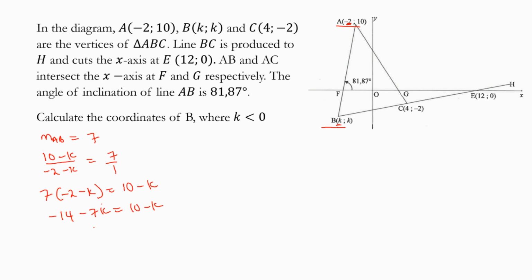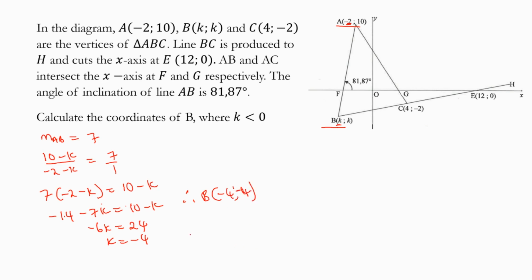Negative k becomes negative 6k is equal to, bring negative 14 to the right, sorry, becomes positive 14, which is 24. Then divide by negative 6 on both sides, we get that k is equal to negative 4. Therefore, coordinates of B will be negative 4, negative 4, like that.